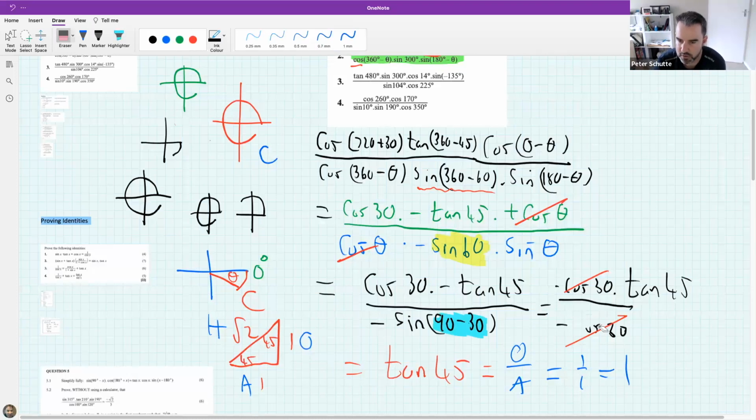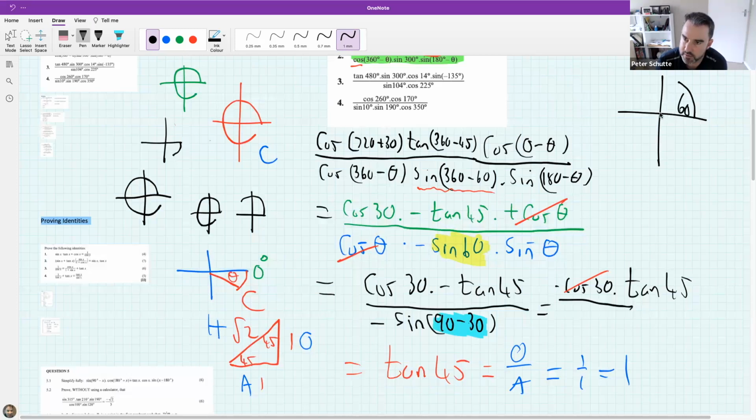Let me do this one again. Do you agree that if I visualize the angle of sine of 60, 60 would be here. How far away is it from the nearest vertical axis? It's just going to be 30 degrees away. So I rewrote the sine of 60 as the sine of 90 minus 30.